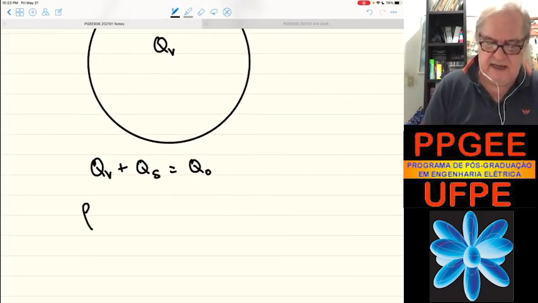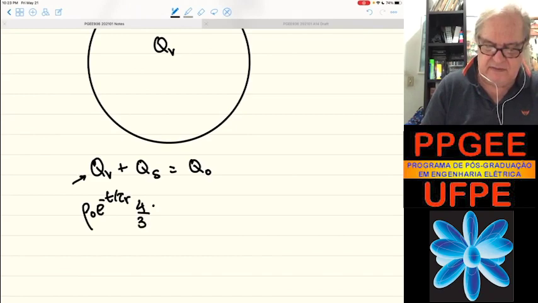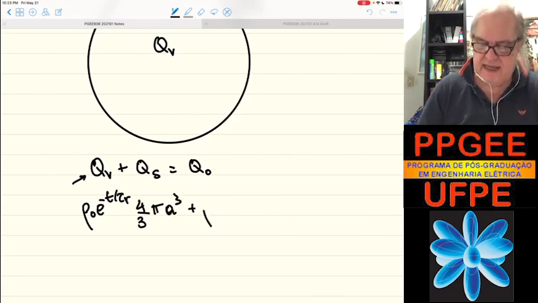So this is in the volume: rho 0 exponential of minus t over tau r times the volume, 4/3 pi a cubed. The surface charge density times the area.